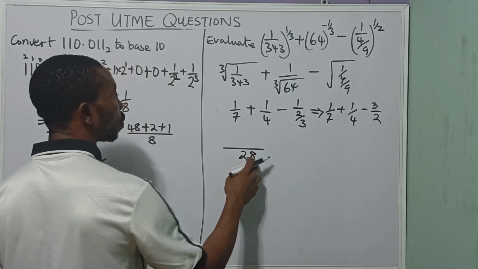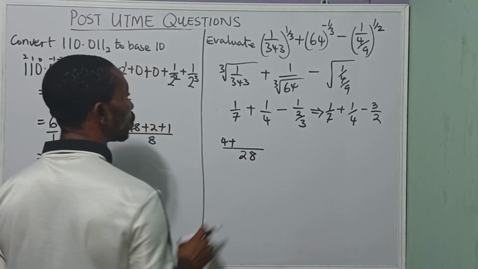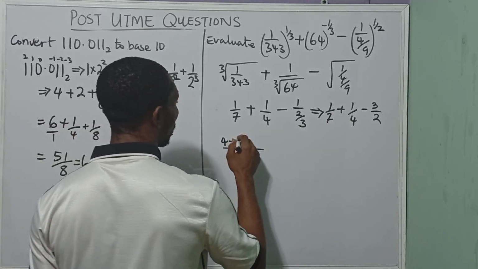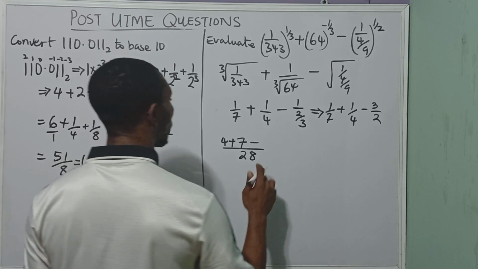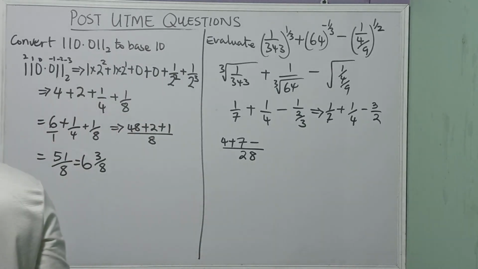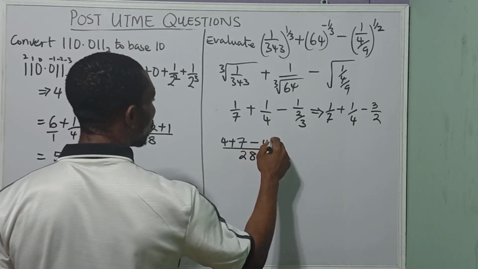So 7 into 28, 4. 4 plus 4 into 28, 7 minus 2 into 28, 14. 14 times 3 will give us 42.